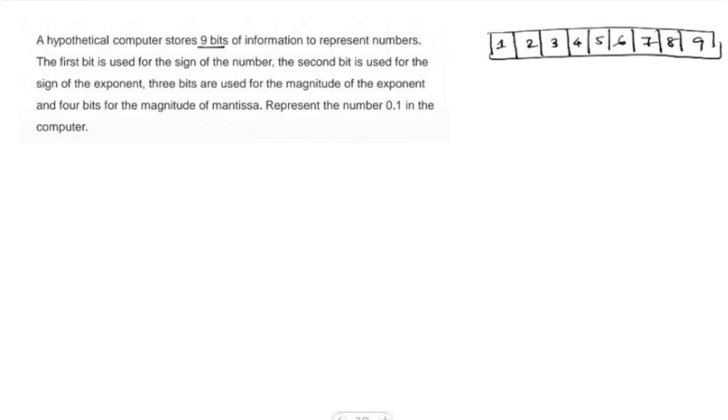Now the first bit is used for the sign of the number, and then the second bit is used for the sign of the exponent.